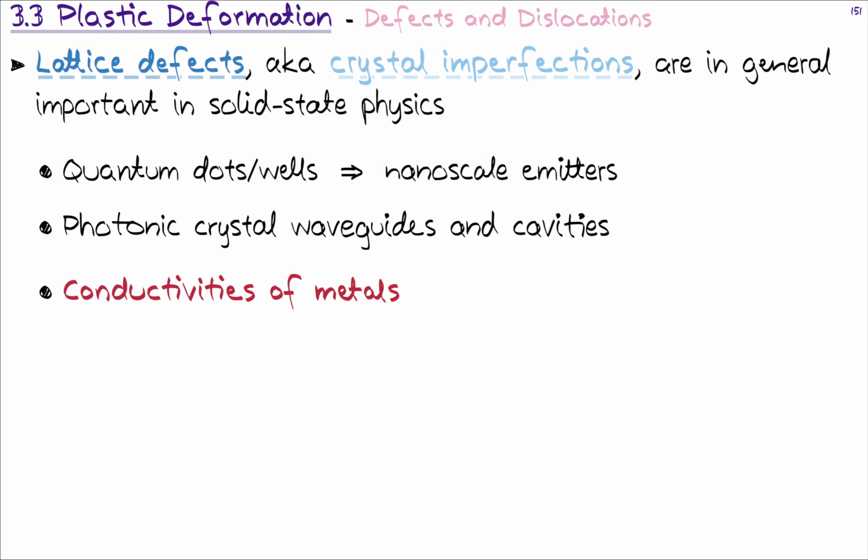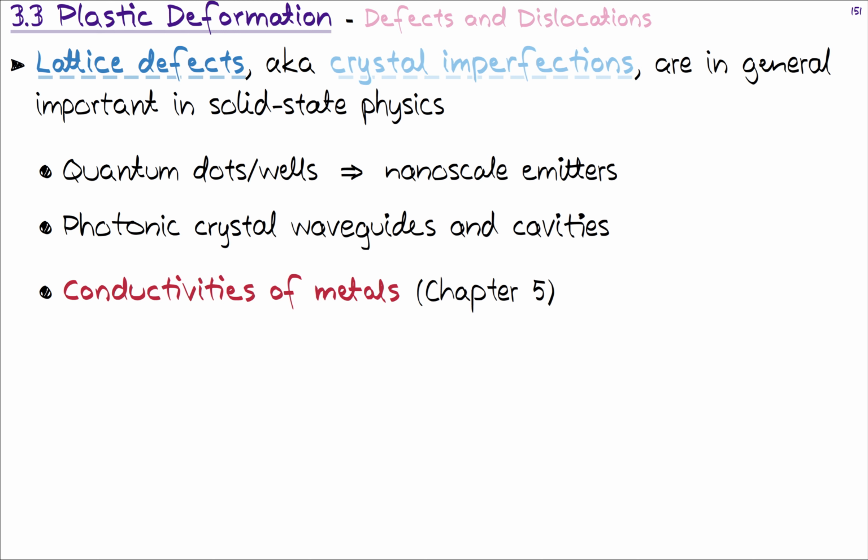Then, more related to solid state physics, we can also look into the conductivity of metals, and this is what we will do later on in chapter 5, and we will learn that the defects, crystal imperfections, grain boundaries, and these things do limit conductivity of electrons when we are looking at macroscopic objects.